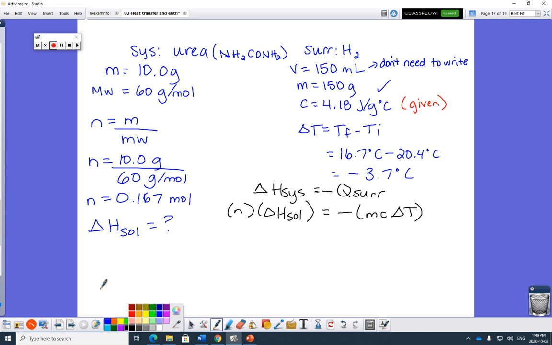So you decide for yourself. Do you want to rearrange using the variables? Do you want to plug the numbers in and then rearrange it? Doesn't matter. So the mole amount we already found, 0.167.